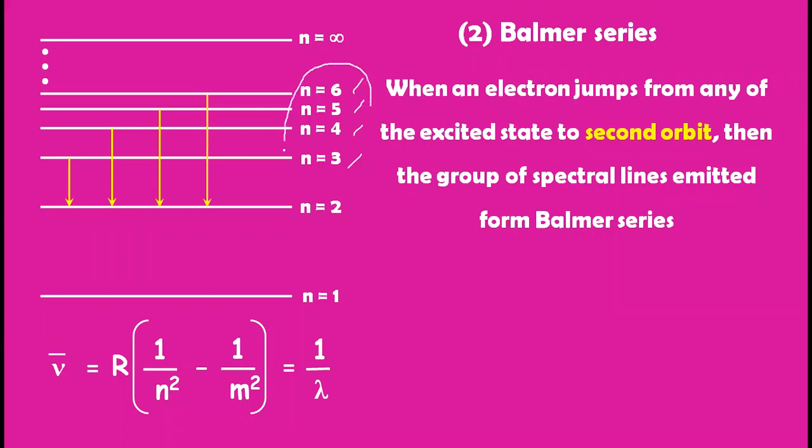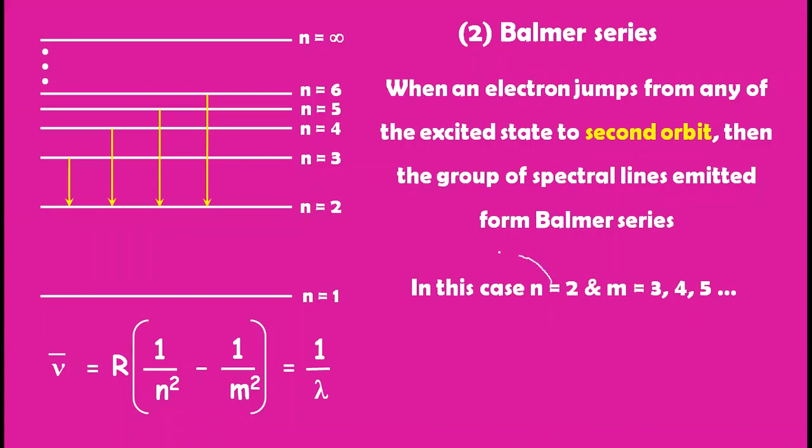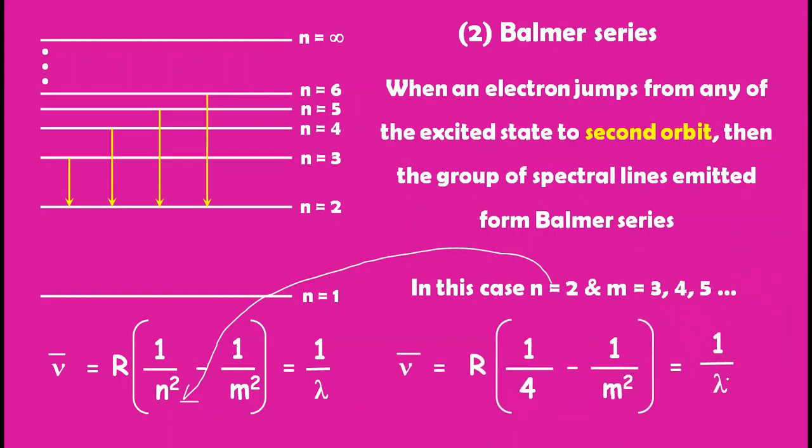I'm going to take all these principal quantum numbers of the excited states as m. So in this case, n is equal to 2 and m equals 3, 4, 5, etc., up to infinity. On substituting the fixed value n equals 2 in this expression, retaining m as such because m has multiple values from 3 to infinity, I will end up with nu bar equals R into 1 by 4 minus 1 by m square, which in turn is equal to 1 by lambda.